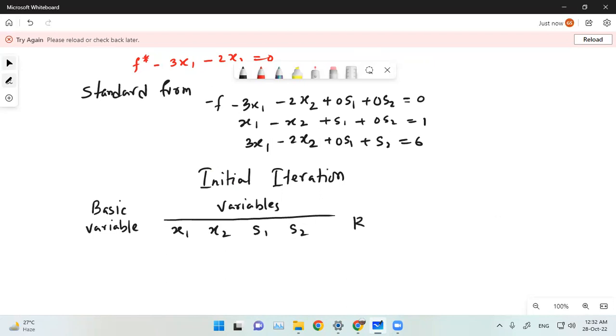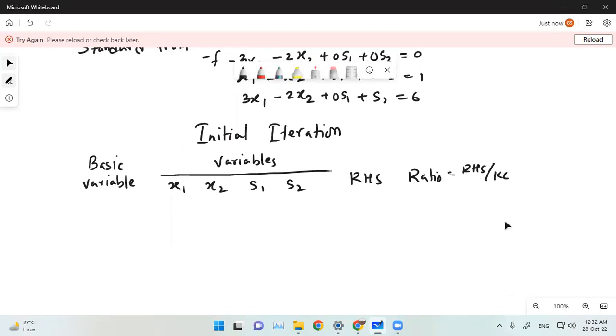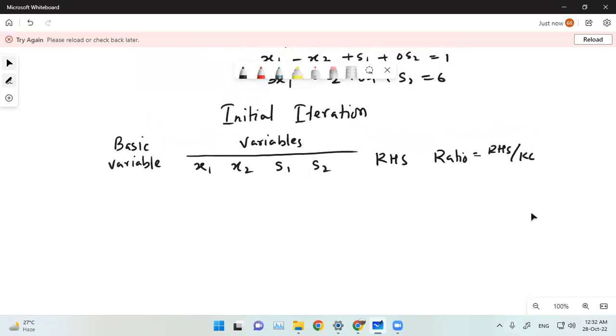Then we have the right-hand side values and the ratio. The ratio is basically right-hand side values divided by the key column. So just extend the table.